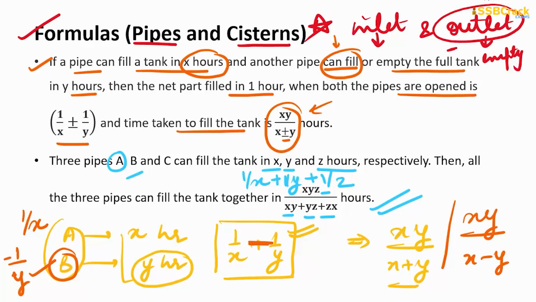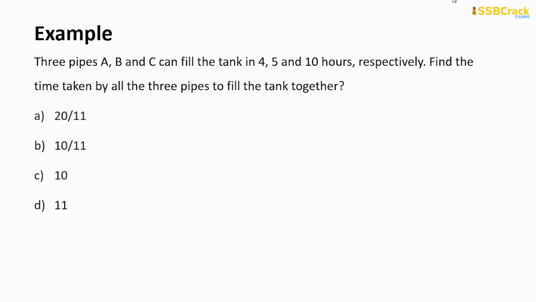Now let's discuss an example based upon this formula so that you will be able to apply this formula easily in your examination, right? So this is the example and it states that 3 pipes A, B and C can fill the tank in 4, 5 and 10 hours respectively. Find the time taken by all the 3 pipes together to fill the tank.